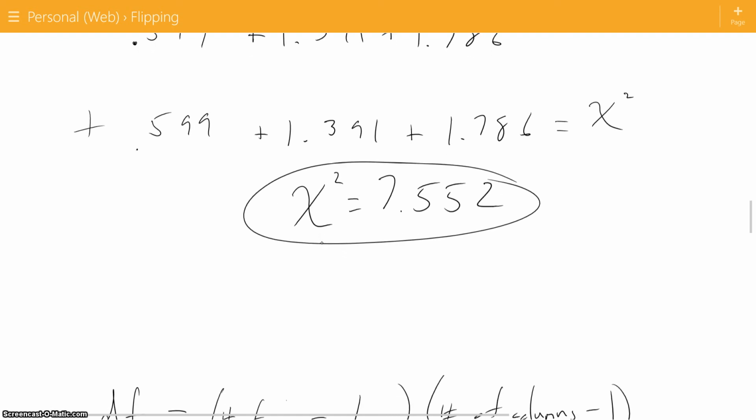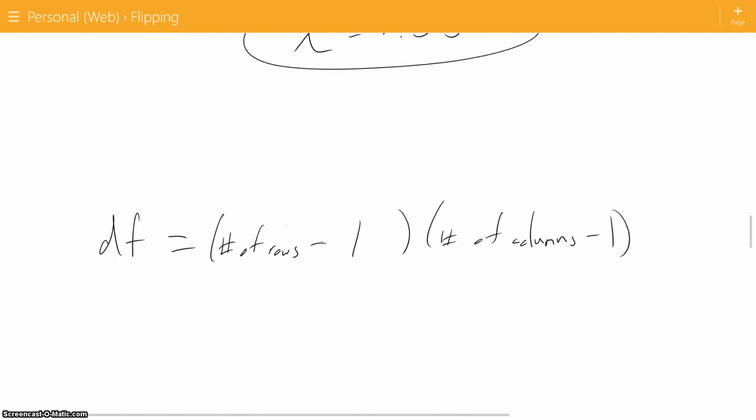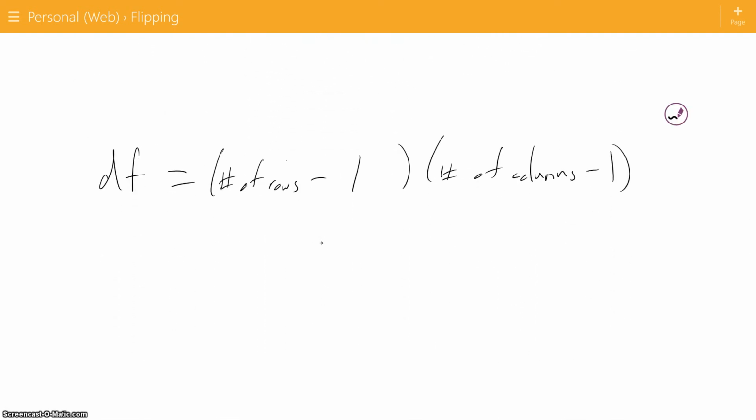Now we need to think about degrees of freedom. Degrees of freedom for when we are doing chi-squared tests is your number of rows minus 1 times your number of columns minus 1. Well, we had 2 rows, minus 1, times, we had 3 columns because we had Republican, Democrat, and the mythological beast, the Minotaur Party. 3 minus 1.